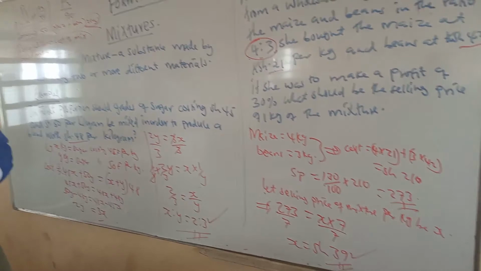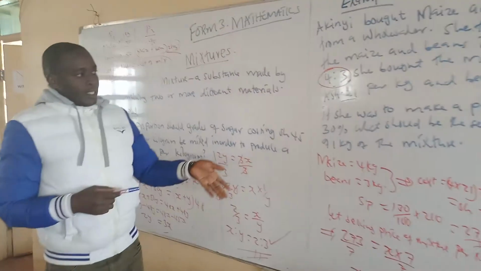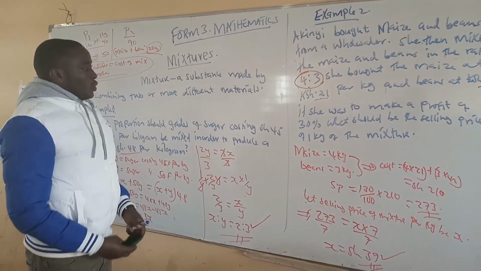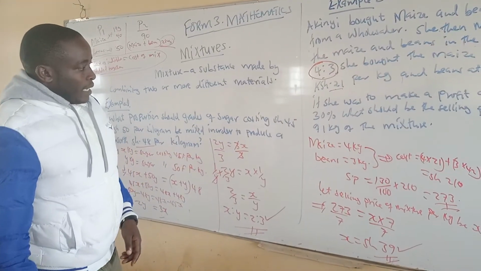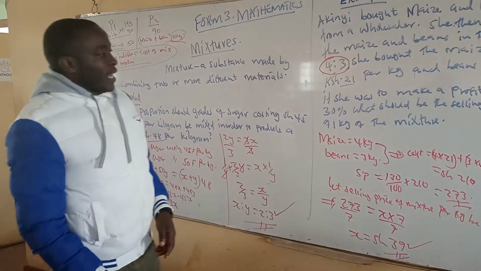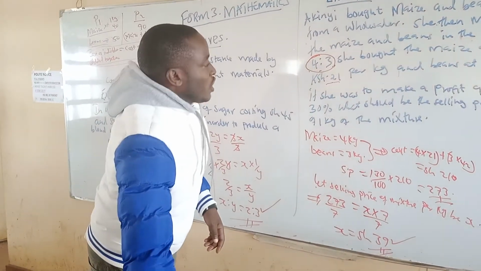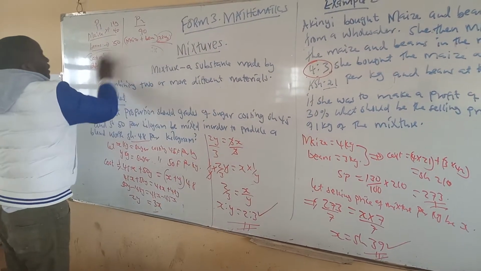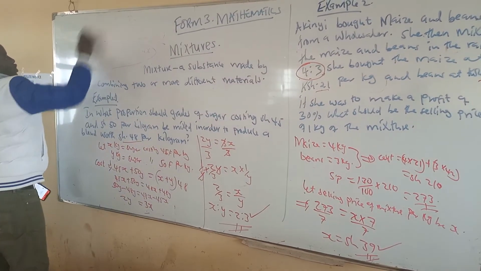So that is how you're supposed to do the question, and that is how simple it was. I want to do the last example, and I'll pick it from KCSE 2020, paper 2, question number 1.